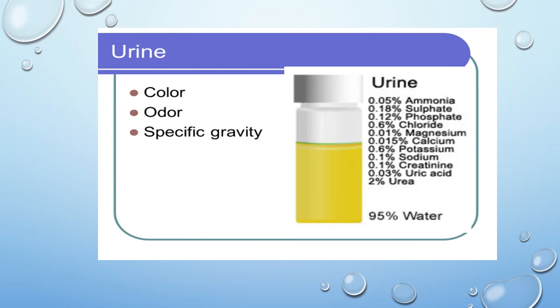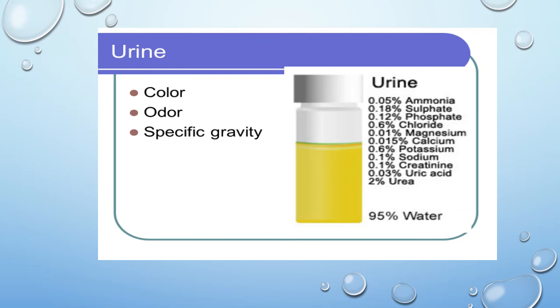The urine itself is full of water and solutes. Urine weighs more if it is more dense with solutes. So if we're looking at pale yellow urine versus deep yellow urine, there is a varying weight, if you will. The weight is called specific gravity. Specific gravity of water is 1.0.